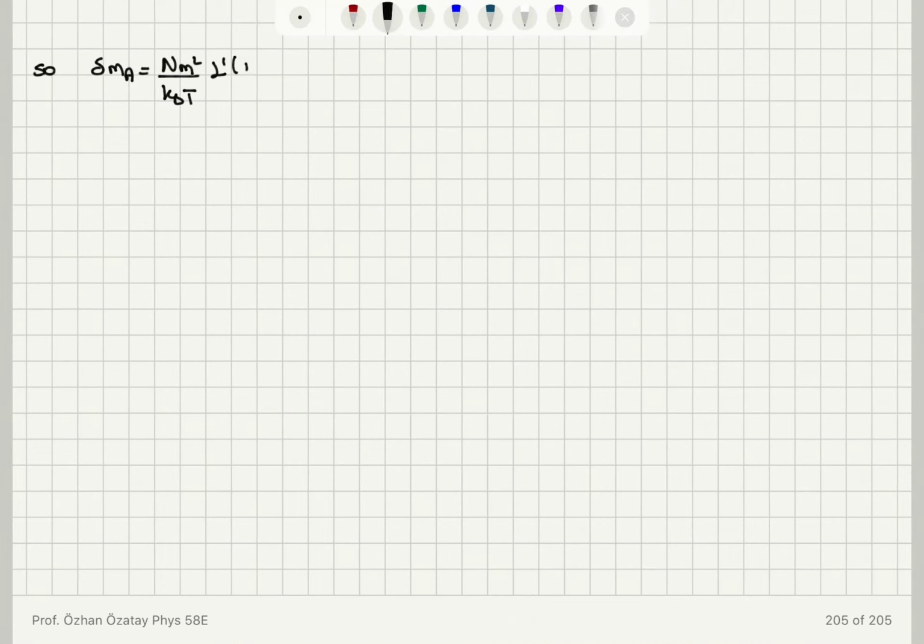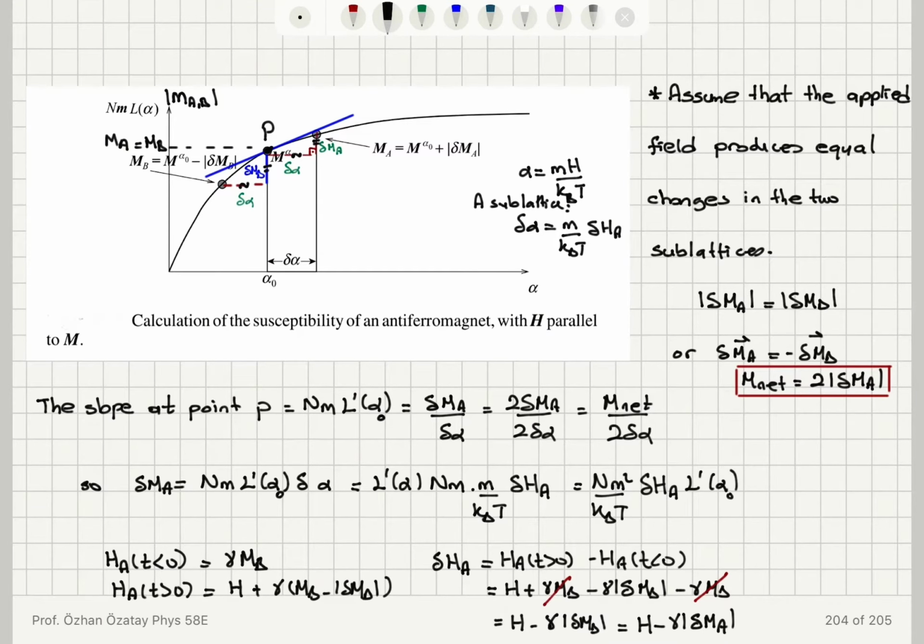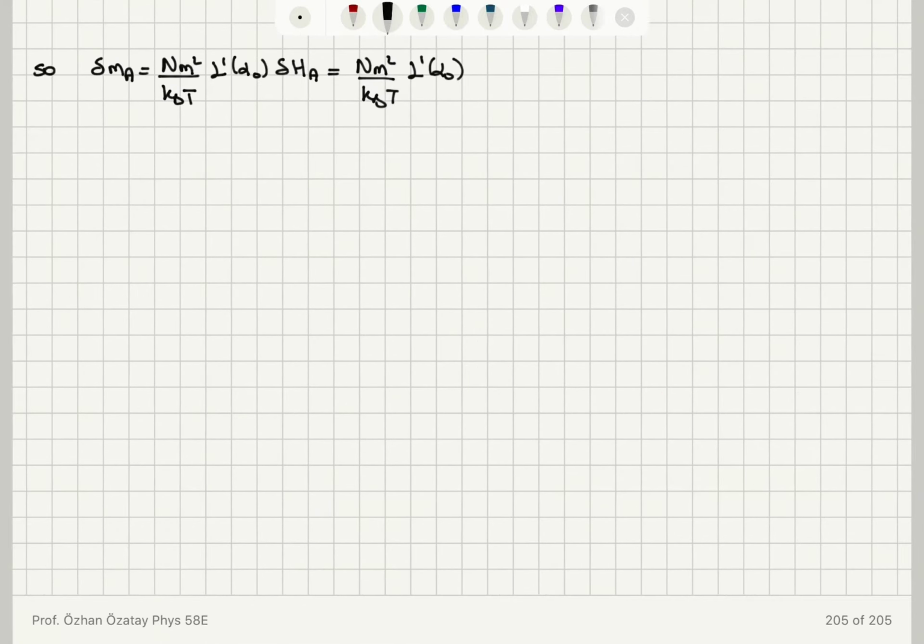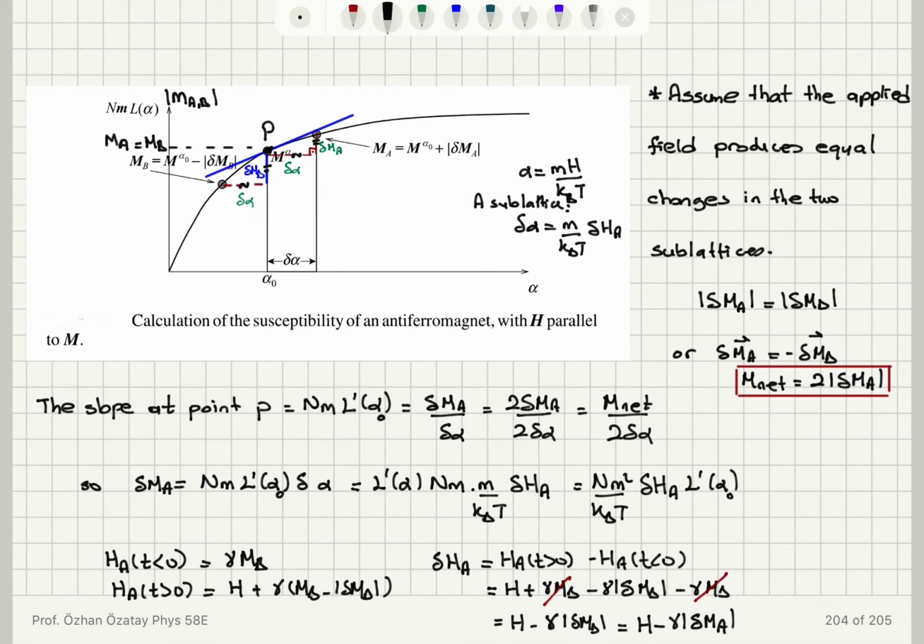Langevin function derivative at alpha 0 times delta H A, and delta H A I have calculated: N m squared over kB T, Langevin function derivative at alpha 0, times H minus gamma times delta MA.